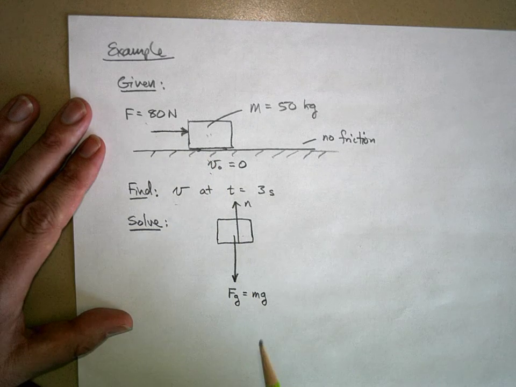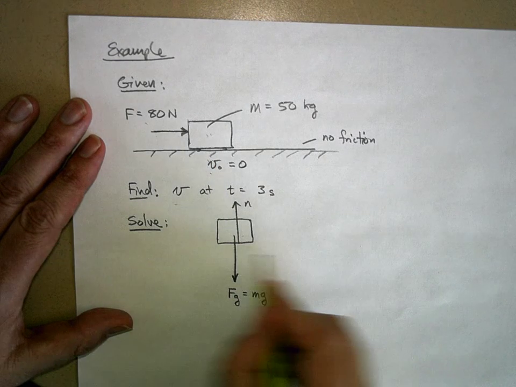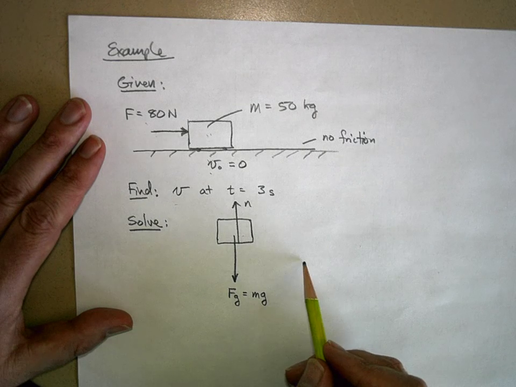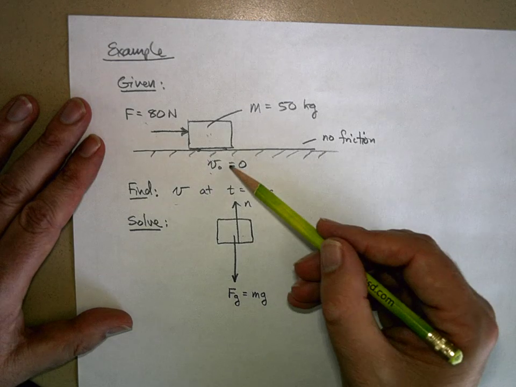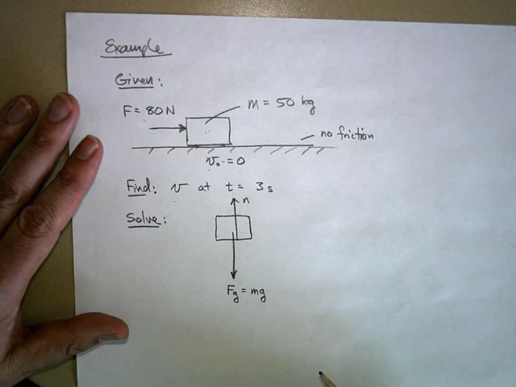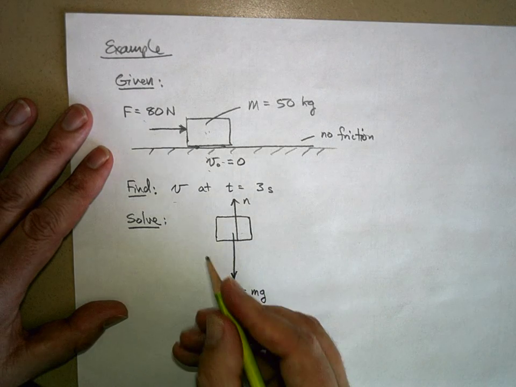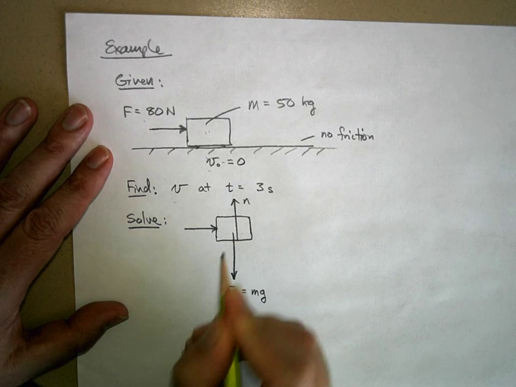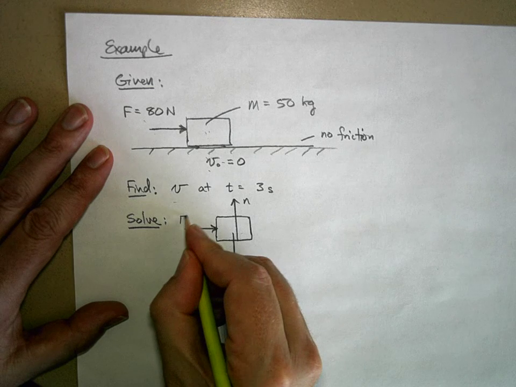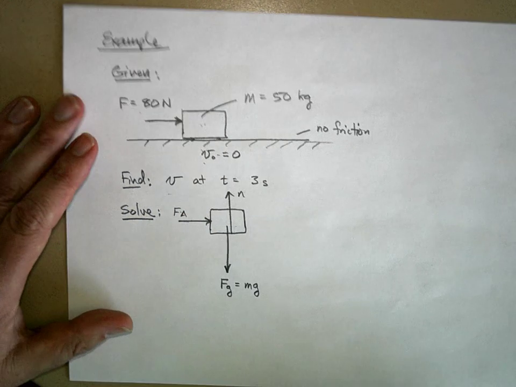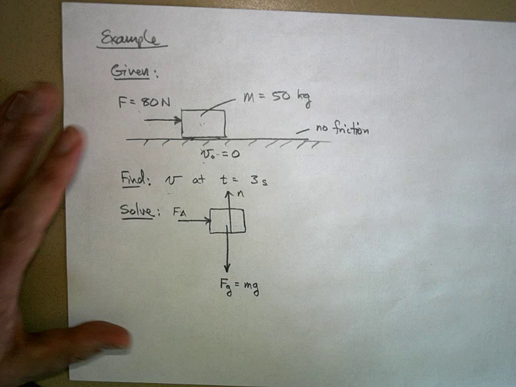Now there's no friction, so there's no horizontal component to the interaction between the floor and the crate. Super slippery stuff. Or maybe there's little tiny wheels on there. And then there's this applied force that's 80 newtons. This is the free body diagram. This shows all the outside forces acting on the object.